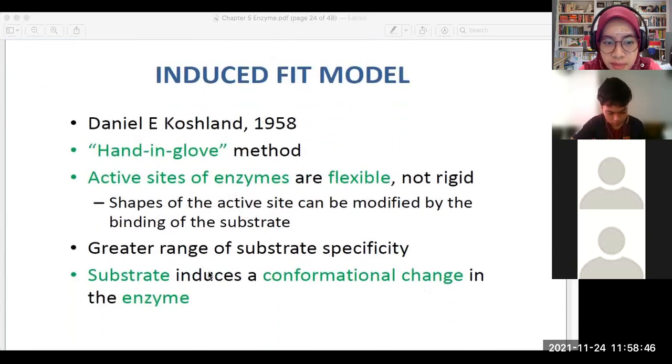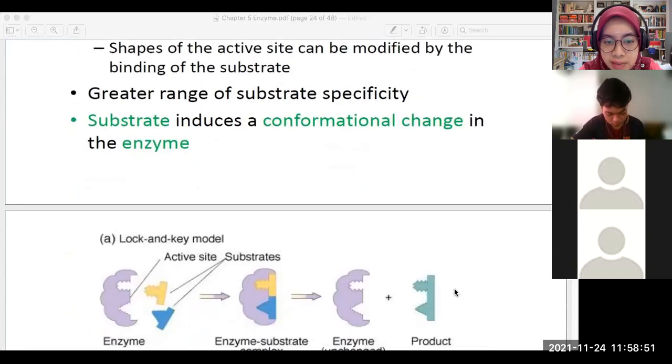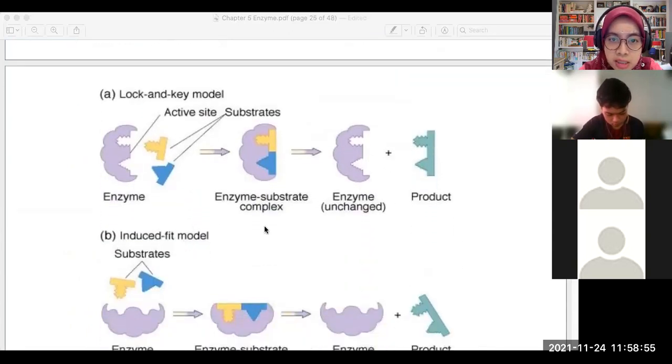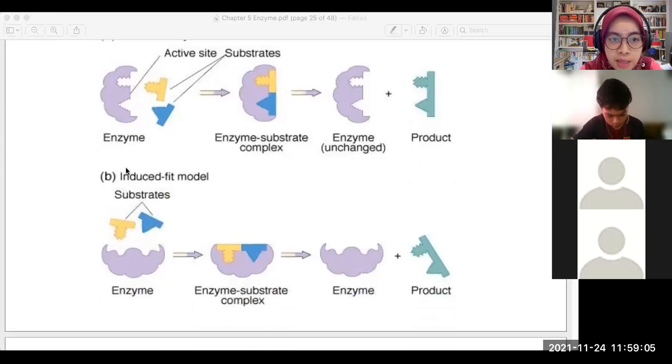The substrate will induce a conformational change in the enzyme. Okay, this is the comparison. For the lock and key model, it's directly like this, meaning the substrate needs to have a structure that can fit into the active site. But for the induced fit model, the enzyme will adjust itself accordingly so that the substrate can bind.